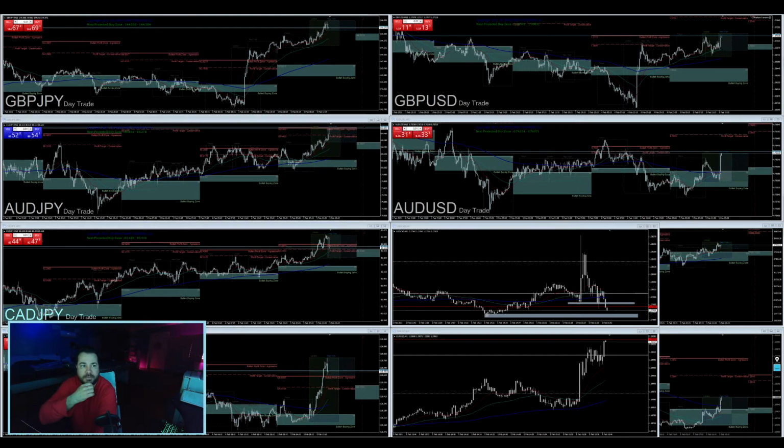Looks like we broke that level of support, and coming down to the next level of support, there's going to be plenty of stop losses down there.